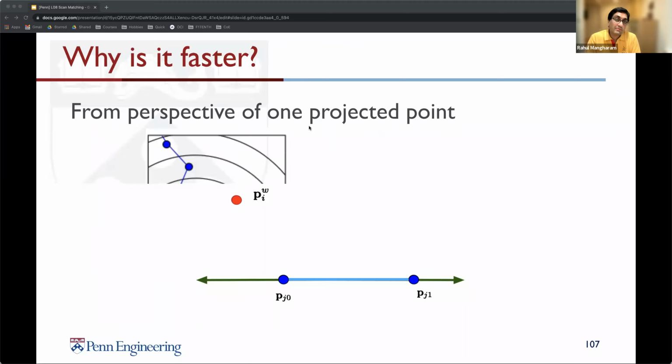Why the point-to-line metric improves the speed of the algorithm can be explained by two reasons. The first is from the perspective of one projected point. As can be seen in this figure over here, let's say that we have a reference surface, S_ref, shown in blue. For the point p_i^w and its corresponding projected point p_i with the point-to-point metric, the contours of the level sets are concentric and centered at the projected point.